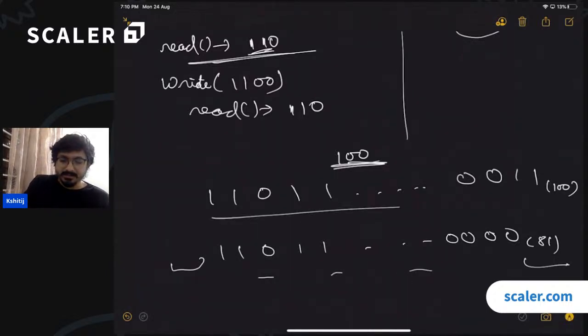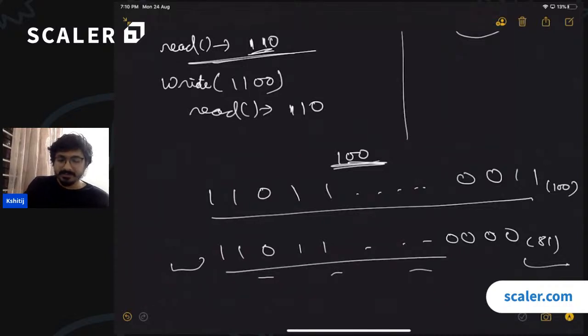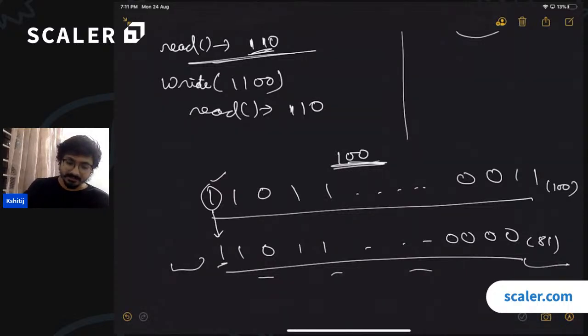You have got a string of length 100 and another string of length 81. How do you compare these two strings? Are you comparing this one with this one and saying that the first slave is correct? It might be possible that the first slave is not correct. Let us take another example.